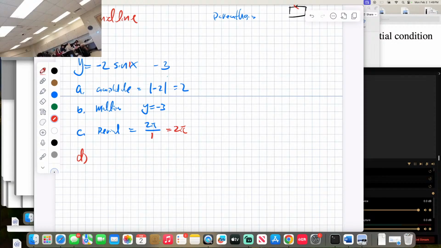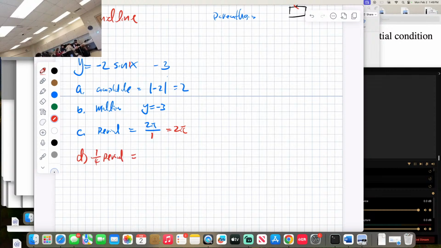So we got A, which is the amplitude, the midline, and the period. Period is 2 pi. Is it midline D? We can just switch the order. I always graph midline first because the midline's easiest to graph. Okay, D. In this case, it's gonna be find out what is a quarter period.